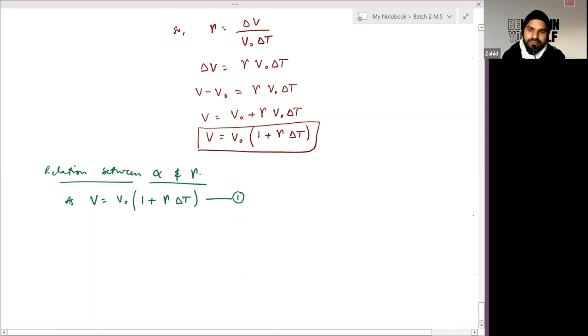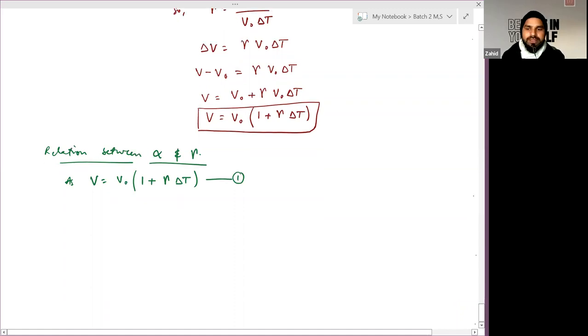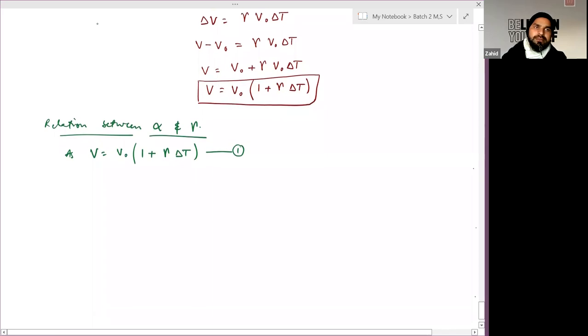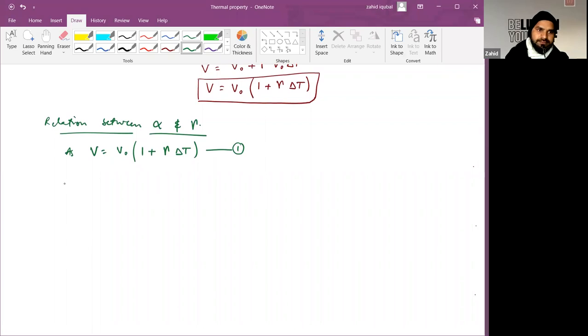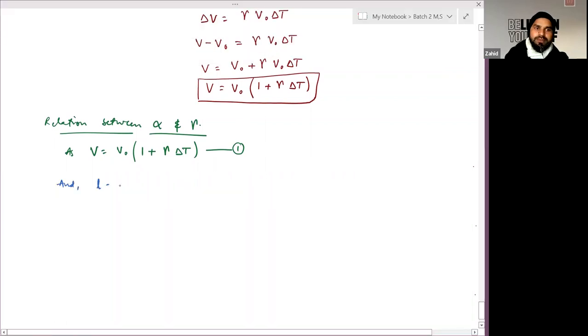To define the volume of a cuboid, we need three dimensions: length, breadth, and height. So take them individually. Length equals L naught times 1 plus alpha times delta T. Since length is one dimensional, it will depend upon alpha. Similarly, breadth is also a length, so it will be B naught times 1 plus alpha times delta T. And height, H naught times 1 plus alpha delta T.